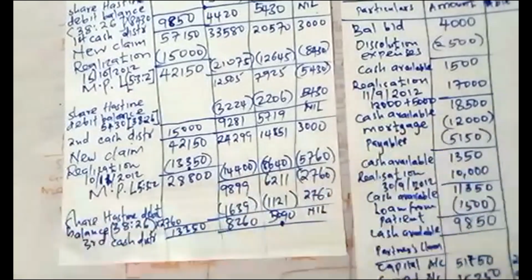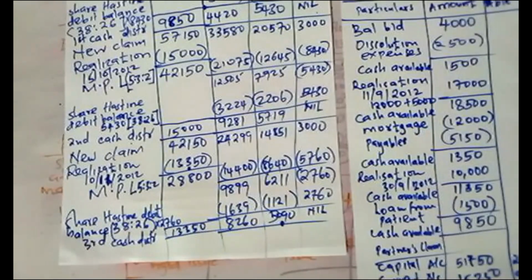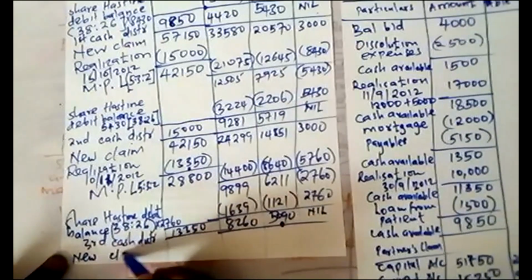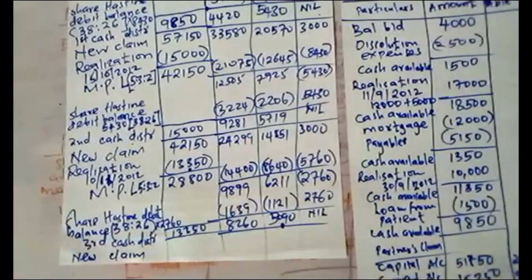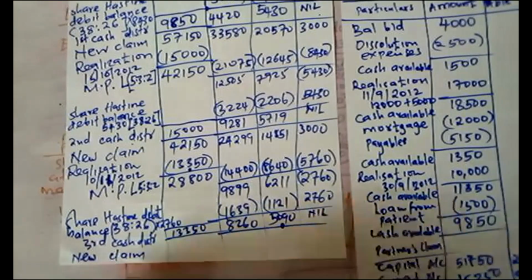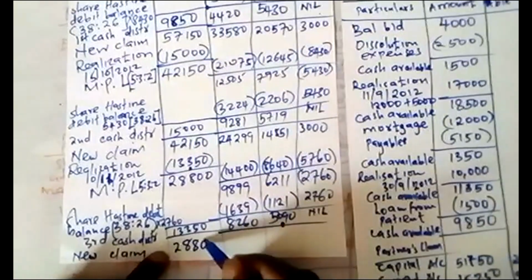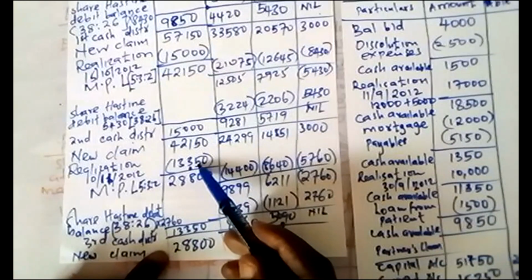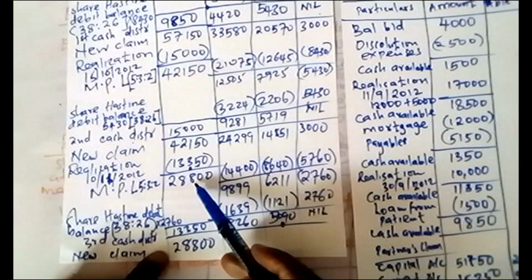After the third cash distribution, we have the new claim. Remember, this one will be 28,800, because they were claiming 42,150 and have received 13,350, so the balance is 28,800.